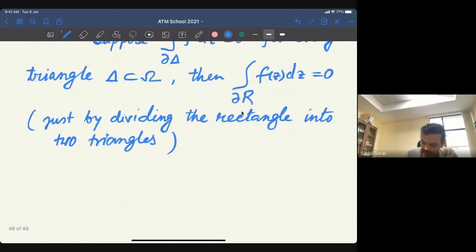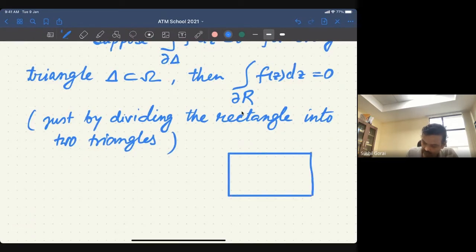It's like this. You have a rectangle, you just divide this looking at the diagonal. So this is a triangle, and this is another triangle.